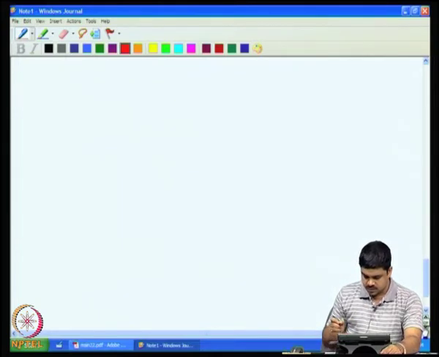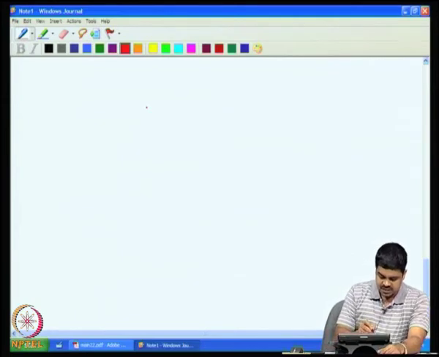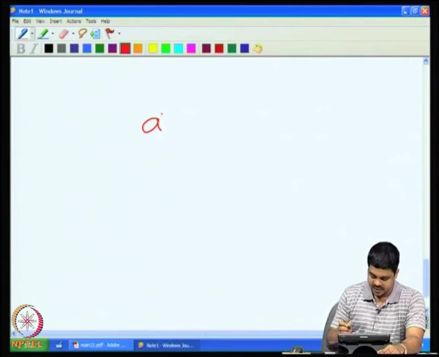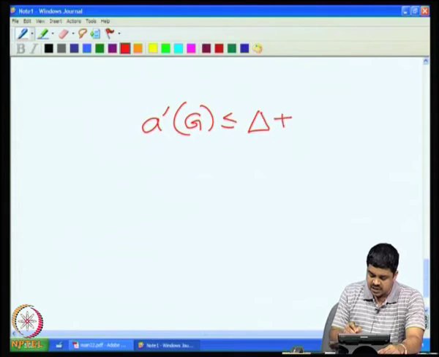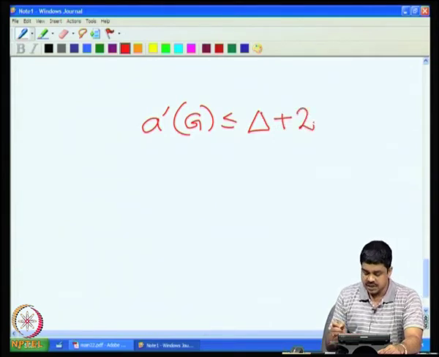But there is a famous conjecture called the Acyclic Edge Coloring Conjecture by Alon, Sudakov and Zaks, and this conjecture was also proposed by a Russian scientist called Fiamcik before Alon, Sudakov and Zaks. They conjecture that the acyclic chromatic index is at most delta plus 2. It is indeed a strong statement.